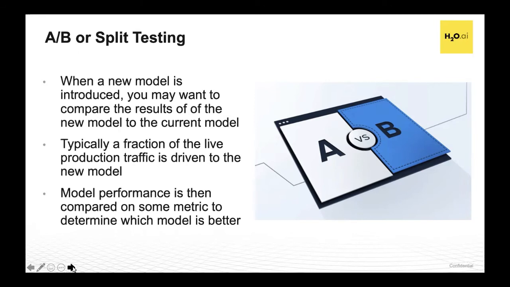Now, that being said, all of the challenges with accuracy monitoring that we discussed before come into play here. You have to be able to measure the response to the model in order to do this type of testing. If not, how will you compare the two models, right? So you want to think about that a little bit as you're thinking about whether or not you can do A/B testing in your production environment. Sometimes it's just not really possible to do.